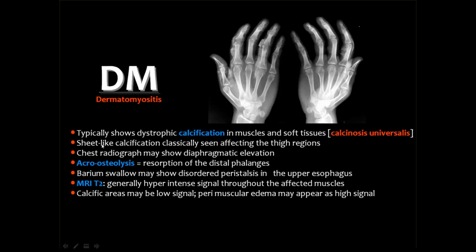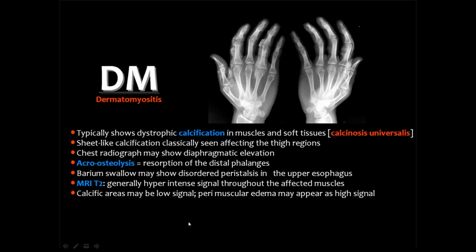The calcium is in the form of sheet-like densities and may be seen everywhere in the body, and may be associated with acroosteolysis, which means resorption of the distal phalangeal tufts.